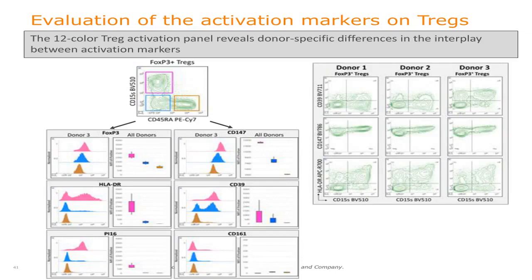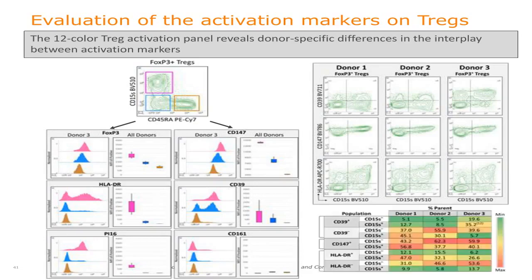And if we look at it a little more closely in our bivariate plots, if we look at donor 1 and donor 2 and donor 3 for CD39 expression, you can see that the expression is quite variable when we look at it versus CD15S.